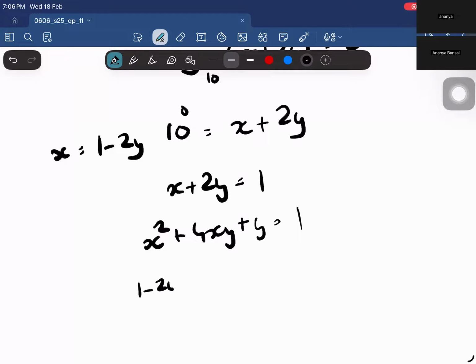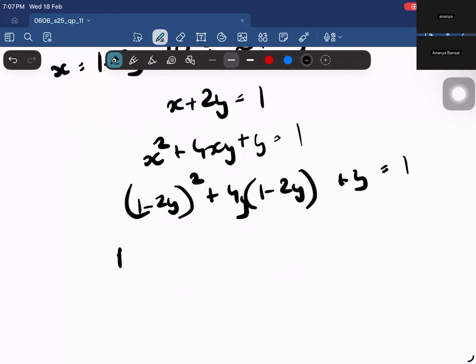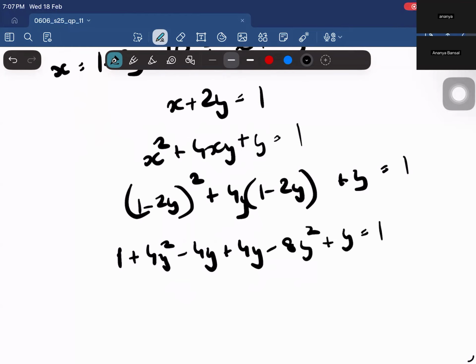So (1 minus 2y) squared plus 4 times (1 minus 2y) times y, plus y equals 1, which gets to be 1 plus 4y squared minus 4y plus 4y minus 8y squared plus y equals 1.